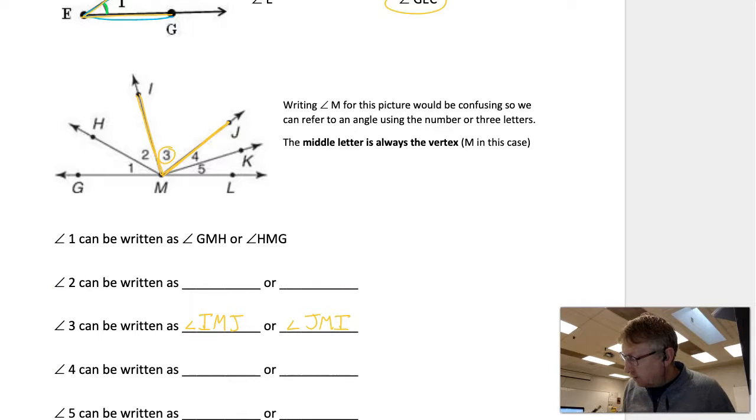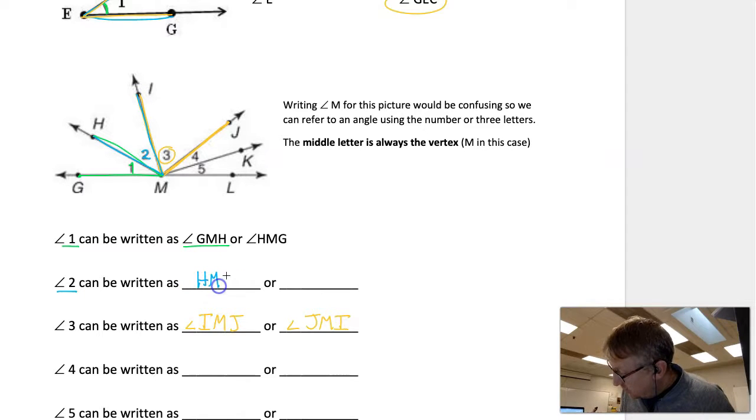What's another way to do angle 1? Angle 1 can be written as GMH. Go from G to M to H in that order. You will make angle 1. Angle 2 can be written as, I need a new color, blue. Angle 2 can be written as, well, we would go from H to M to I in that order.